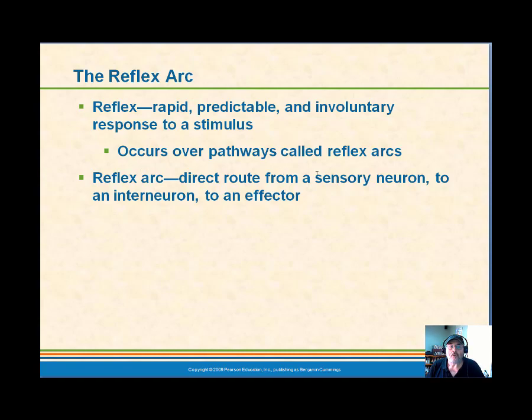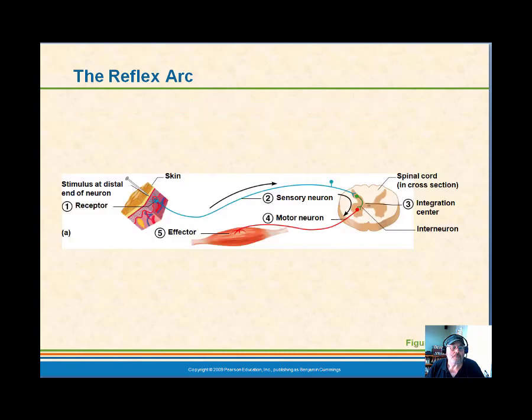So this occurs over reflex arcs, and a reflex arc is a direct route from sensory neuron to an interneuron, which processes the information and then sends a signal back out to an effector. So it looks something like this. Say I've got skin and I stimulate it somehow.